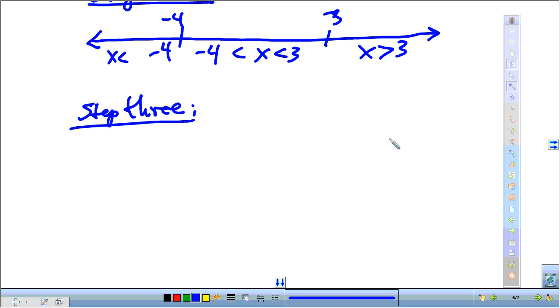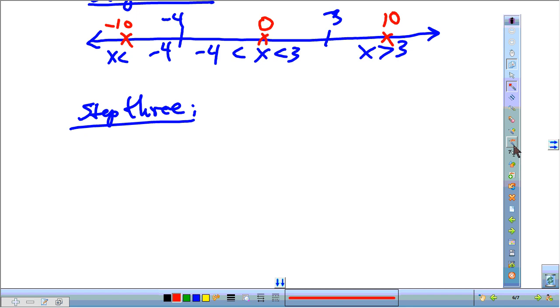The third step, choose test values. So a value in each of these intervals that we found. So I think minus 10 would work nicely, less than minus 4. Minus 4 to 3, fortunately 0 is a nice thing to pick. Bigger than 3, maybe I'll go to 10. Okay.